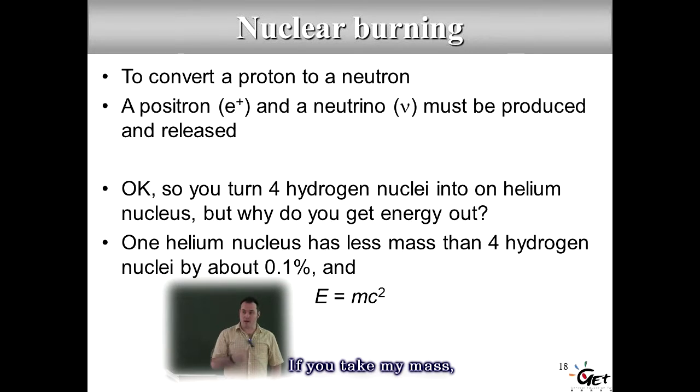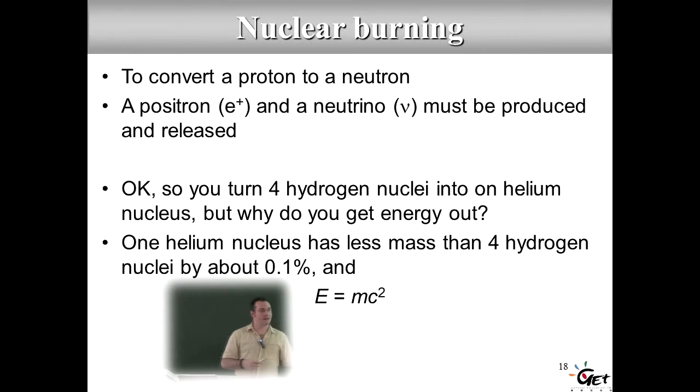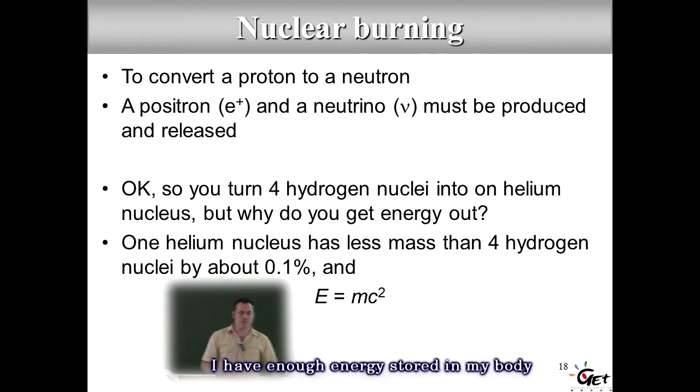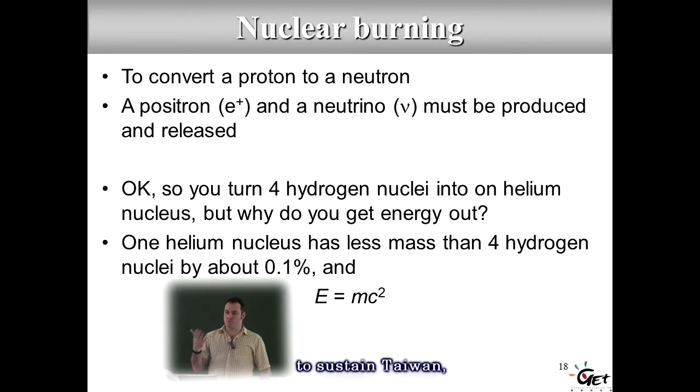If you take my mass, which I won't tell you, which is quite high, and you multiply by c squared, I have enough energy stored in my body to sustain the entire population of Taiwan for 100 years. Okay? So a little mass, lots of energy.